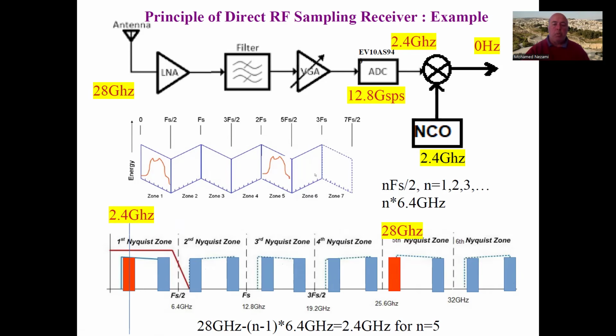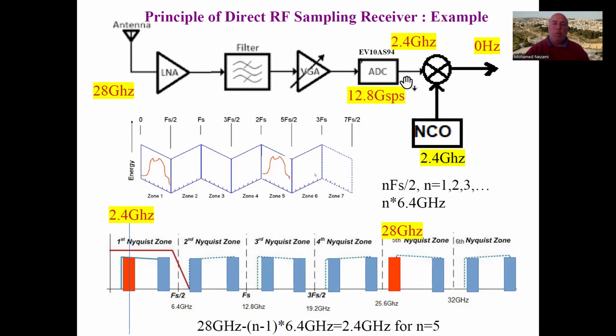And according to this equation in here, if you look at the fifth Nyquist zone, really 28 gigahertz minus n minus 1 of the Nyquist frequency, we could see that we're sitting at 2.4 gigahertz in the digital domain. So we have a digital IF that is at 2.4 gigahertz.